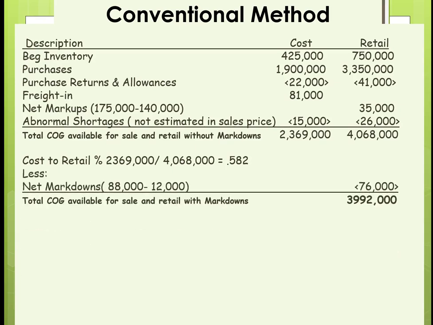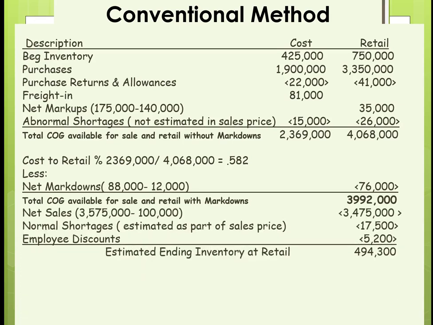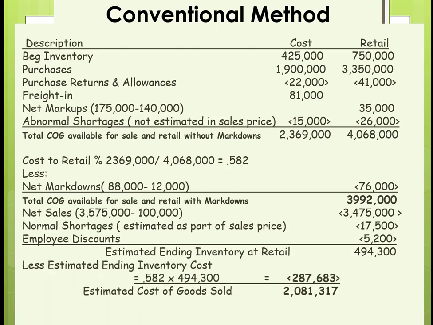We're then going to subtract our markdowns and our net sales and shortages and employee discounts. And we're going to take that percentage times our estimated ending inventory at retail. And that gives us our estimated ending inventory that we can subtract from total cost of goods available for sale at cost to give us our estimated cost of goods sold. And that ends Part 2.